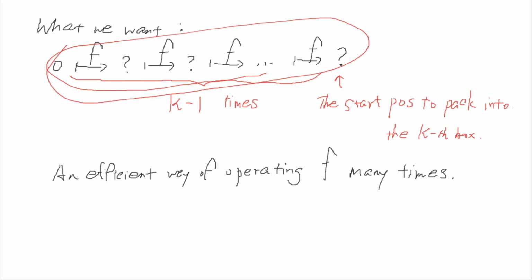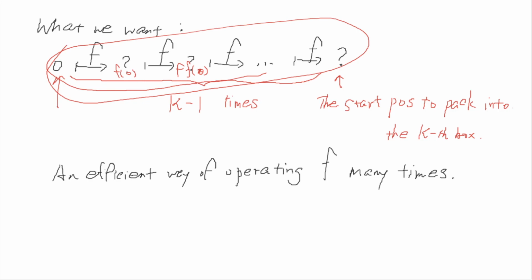So first we start with 0, and then we want to calculate the value f of x, and then we want to calculate the value f of x, f of 0, and repeat it again.